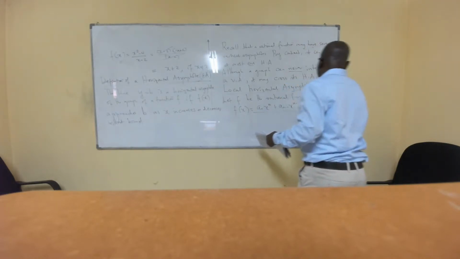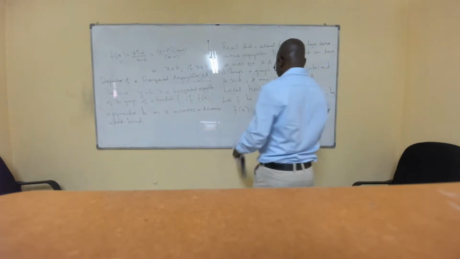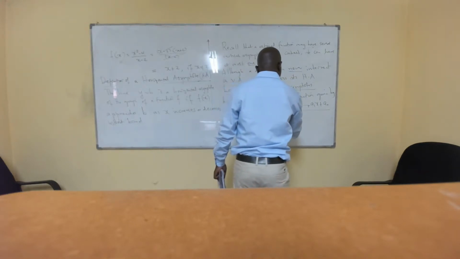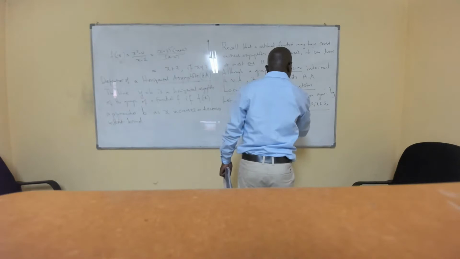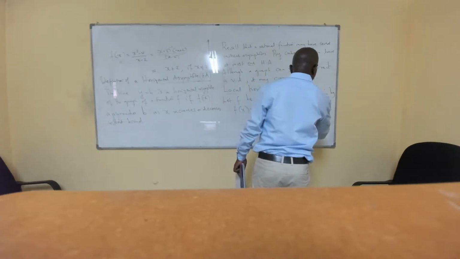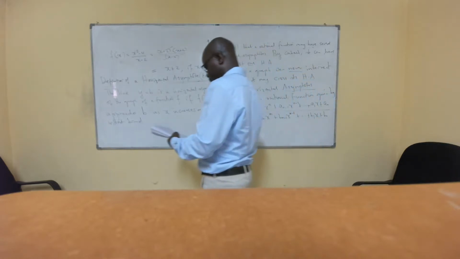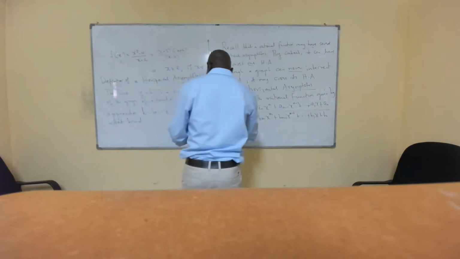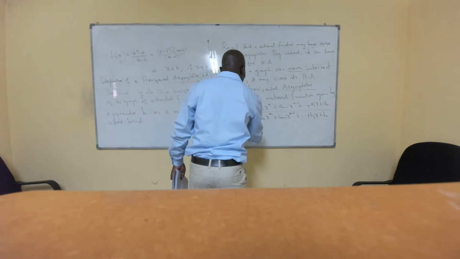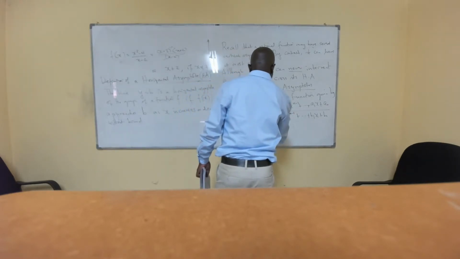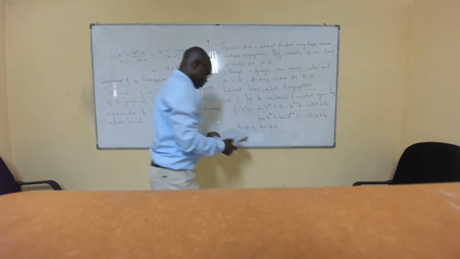This is one polynomial. Another polynomial of degree m is b_m x to the power m plus b_(m-1) x to the power m minus 1 plus ... plus b_1 x plus b_0. Of course, it's assumed that a_n and b_m, the leading coefficients, are not 0.